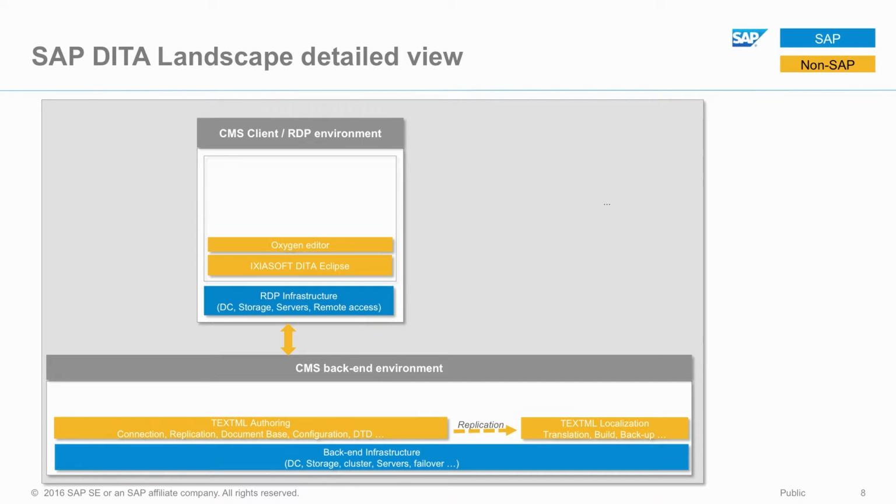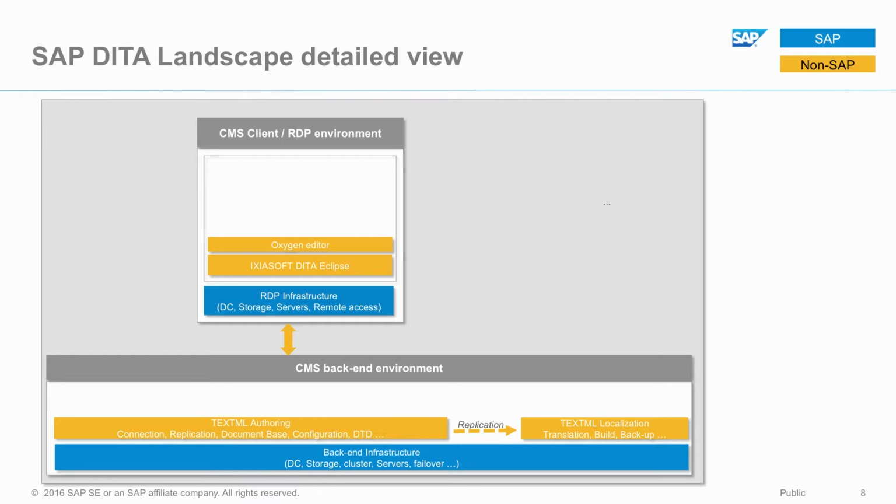On the landscape, we have the backend side on the CMS, with the infrastructure side, with the so-called XML server from Exaisoft that handles the whole document base and the configuration and so on, with the two flavors, the authoring document base and the localization document base.